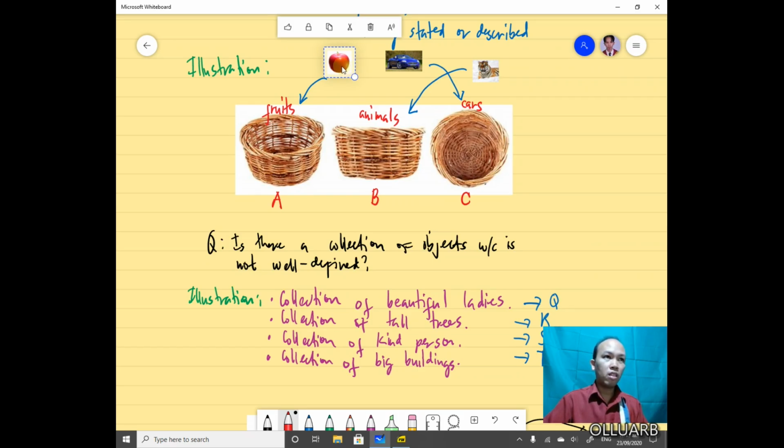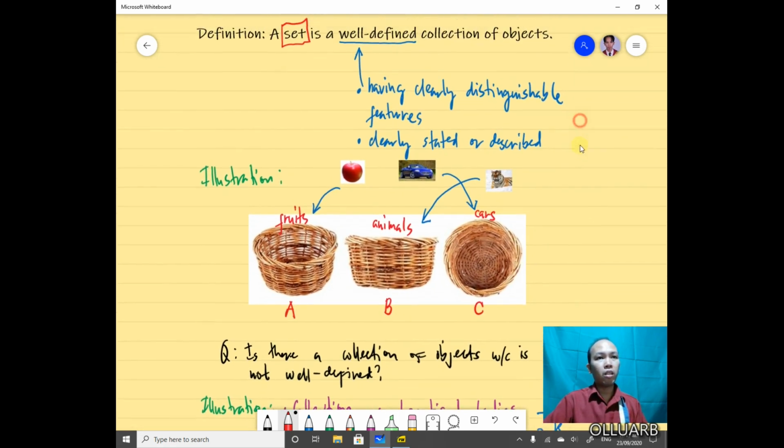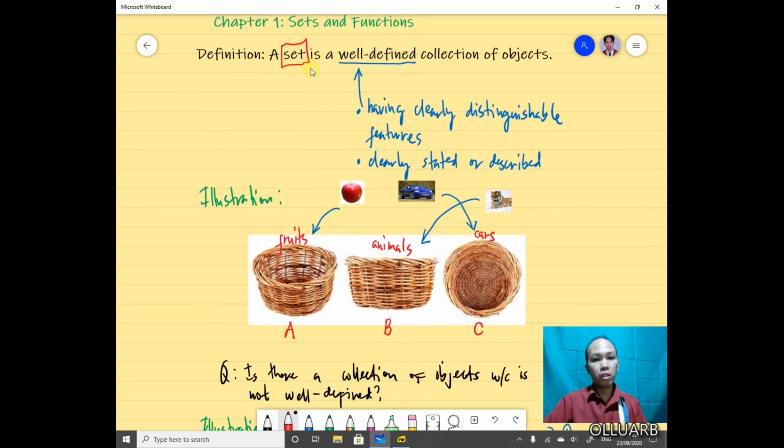Is this a car? Is this a tree? So that's the meaning of the word set. I hope you now have an idea of what we mean by the word well defined.